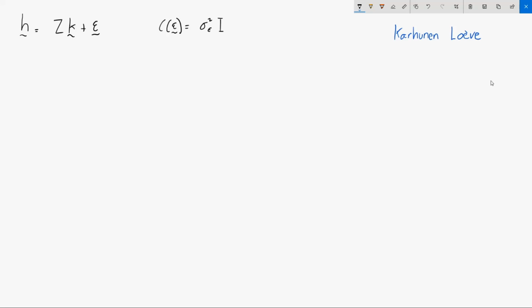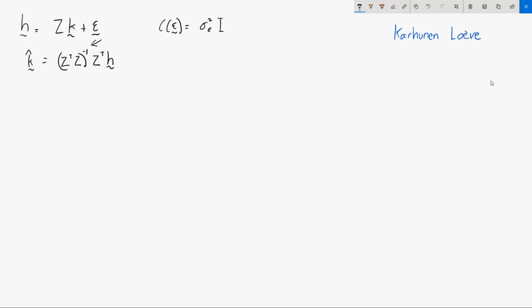Under those circumstances, using an equation that we derived in another video, we solved the inverse problem this way: (Z transpose Z) to the minus one Z transpose h. And of course, if we regularize manually, this inverse has to exist.